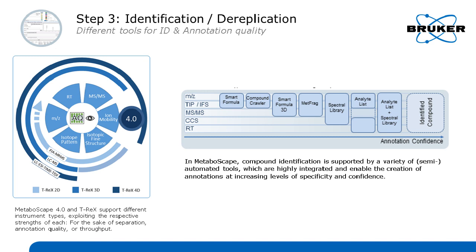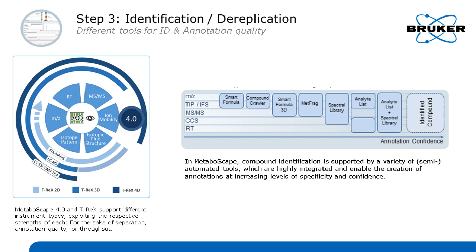So as you can see, the different tools for annotation in MetaboScape give you different annotation confidence. So the best thing would be to annotate with an analyte list and a spectral library, where you can compare 5 different parameters.